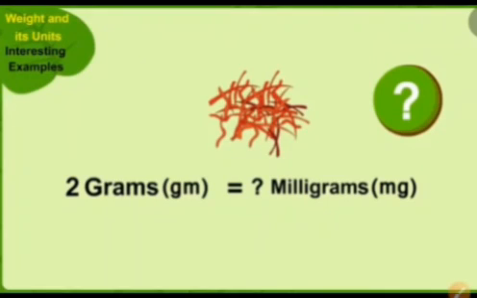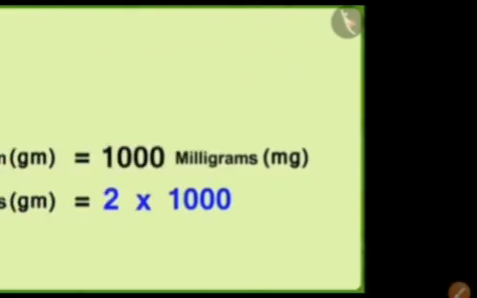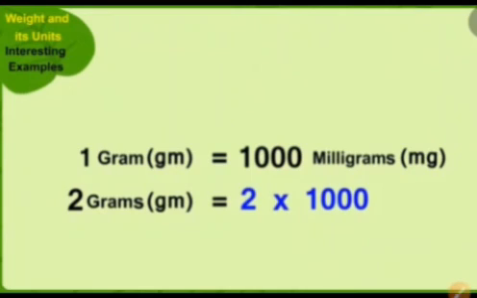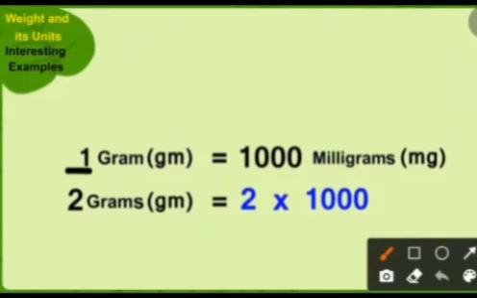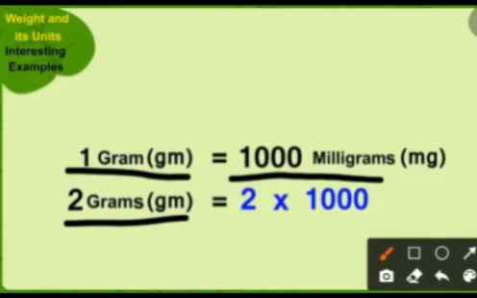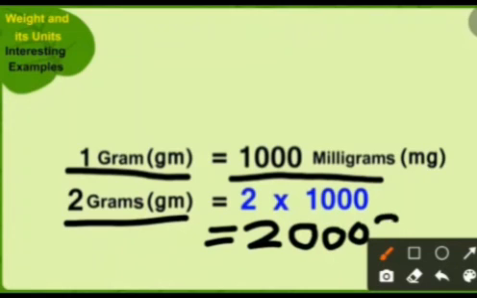Now next is, suppose I want to convert 2 grams into milligrams. So as we know that 1 gram is equal to 1000 milligrams. So 2 grams is equal to 2 multiplied 1000, that is equal to 2000 milligram.